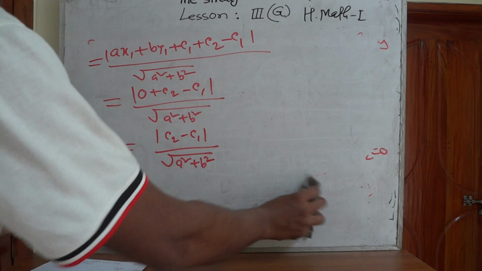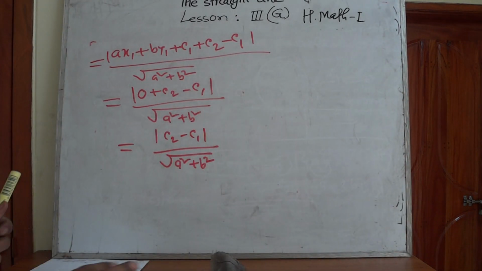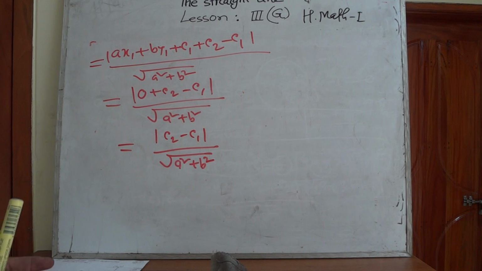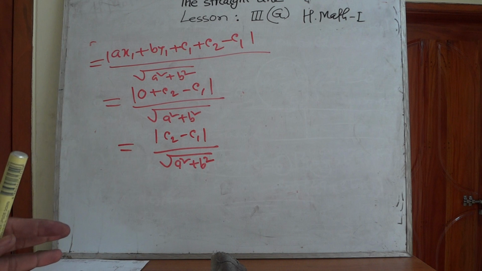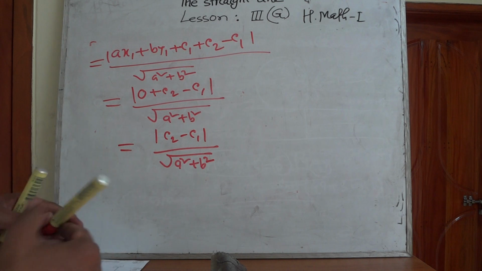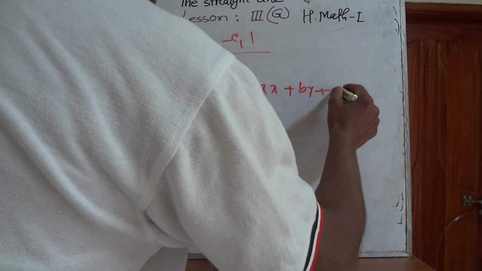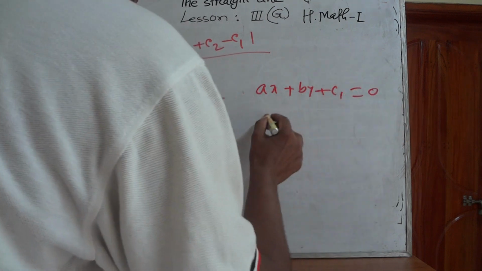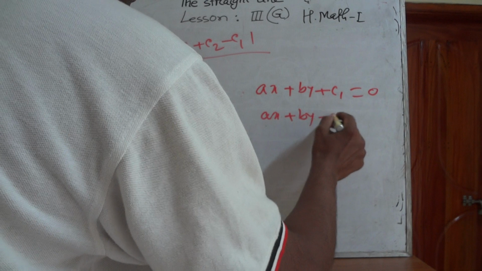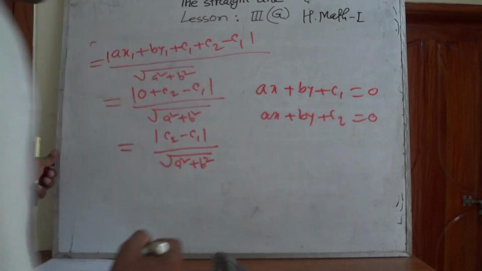Now the question: how to remember in an easy way the distance between two straight lines. Follow these two equations, ax plus by plus c1 is equal to 0, ax plus by plus c2 is equal to 0.